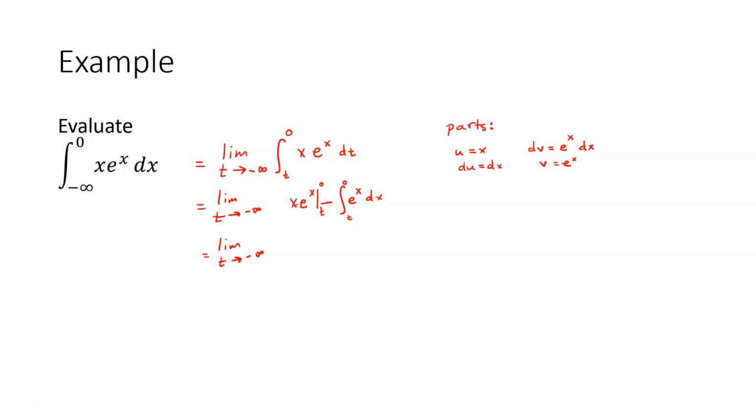So here evaluating this first one at 0, we'll have 0 times e to the 0, which is just 0, minus t e to the t. Then of course this will just be e to the x evaluated from t to 0.